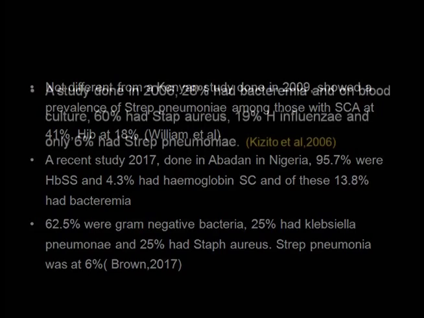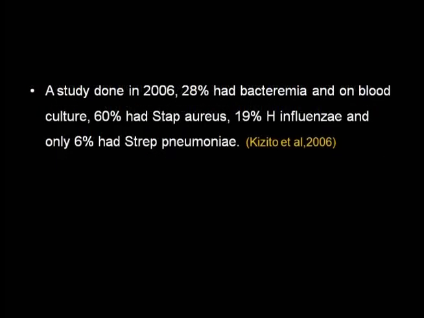The study that was done in 2006 by Kizito et al. in Uganda showed that 28% of patients had bacteremia, and the culture showed that 60% had Staph aureus and 19% had H. influenzae, with only 6% having Strep pneumoniae.